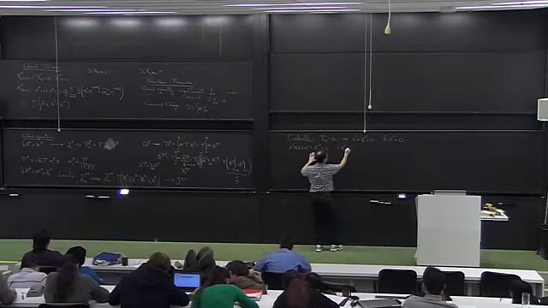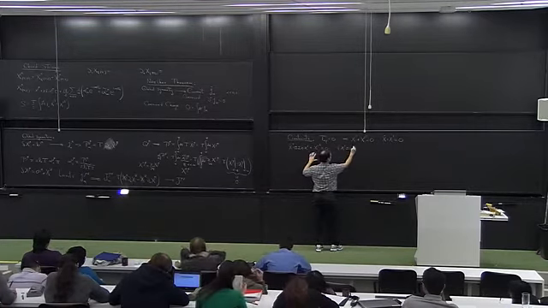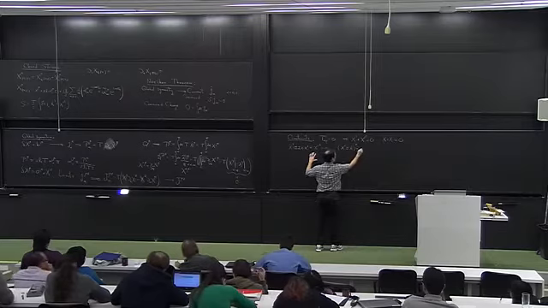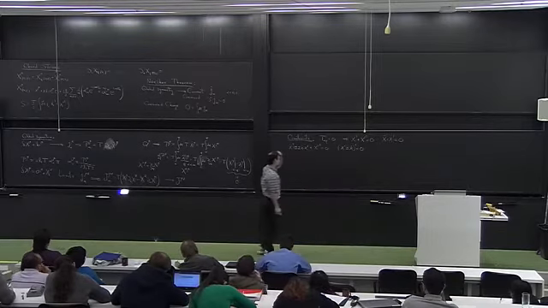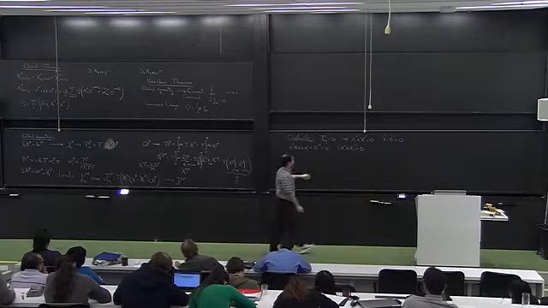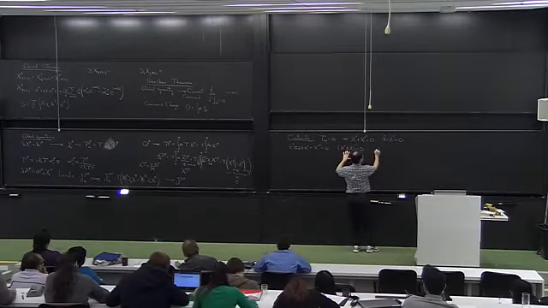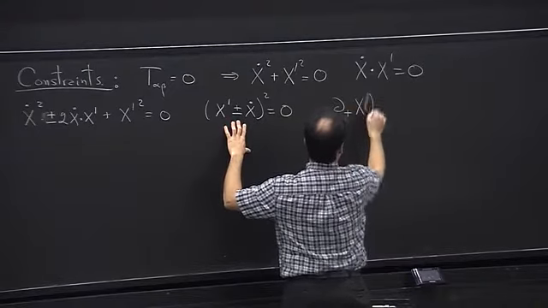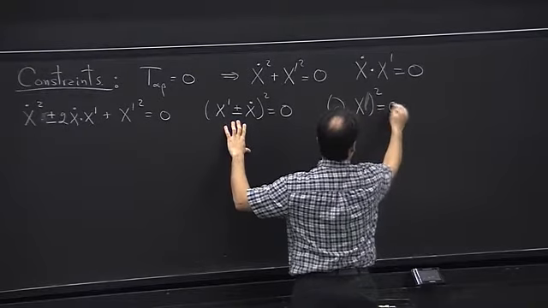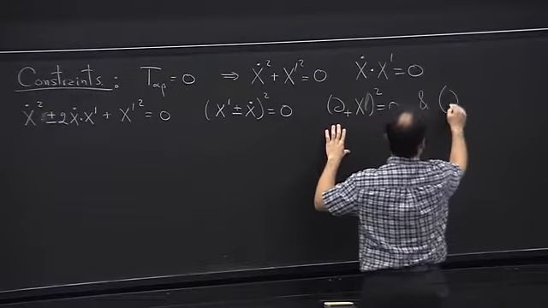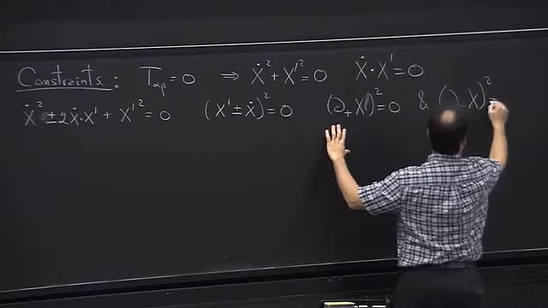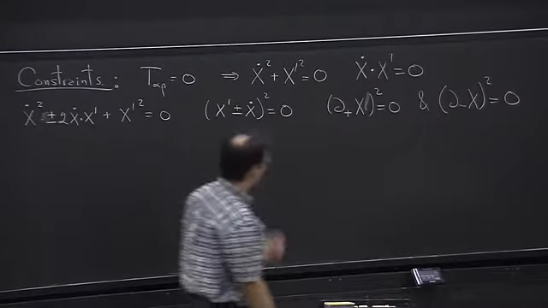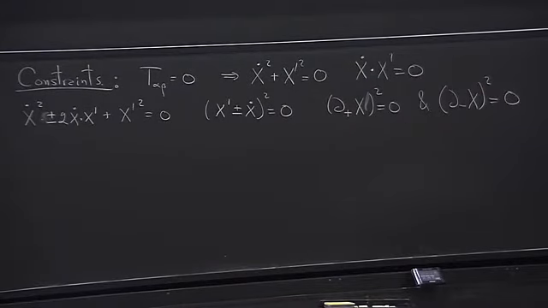Once you do that, then you get something that looks like this. And therefore, you get del sigma plus of x squared is equal to 0, and del sigma minus of x squared must be 0. So those are the new constraints.